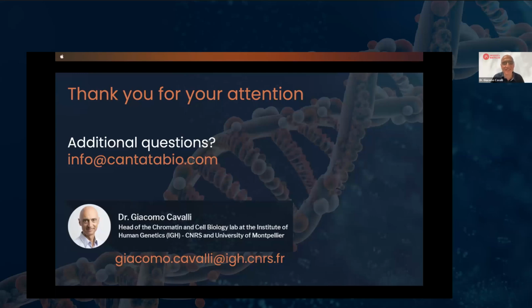We are stunned because we have done micro-C in these cancers, and I tell you, we wipe out Polycomb completely. When we do this depletion, we wipe out all the marks and all the proteins.